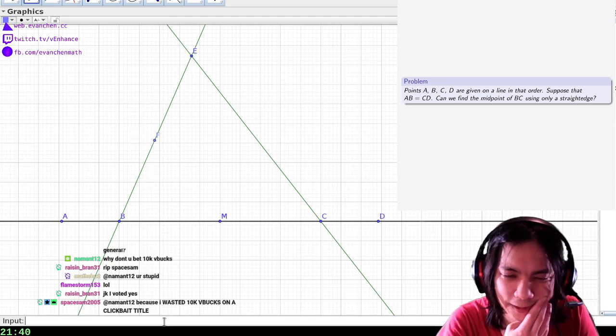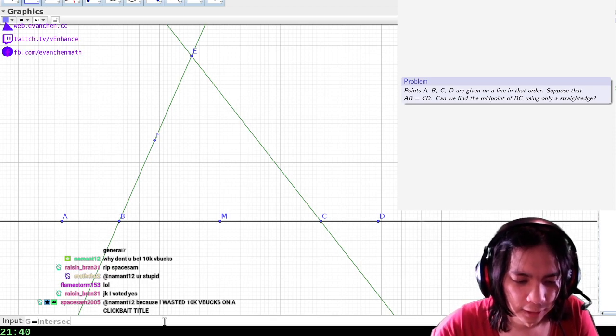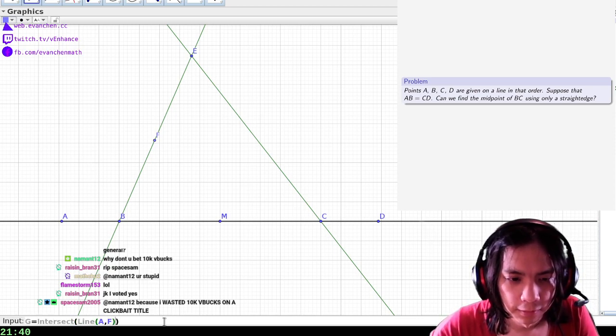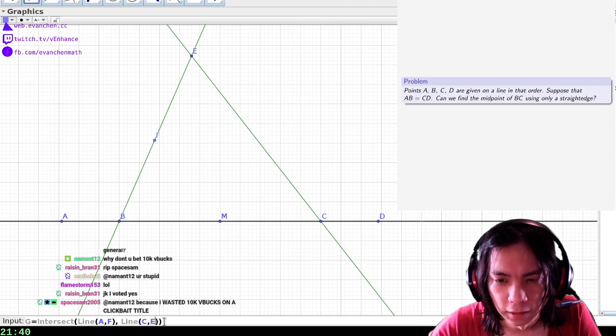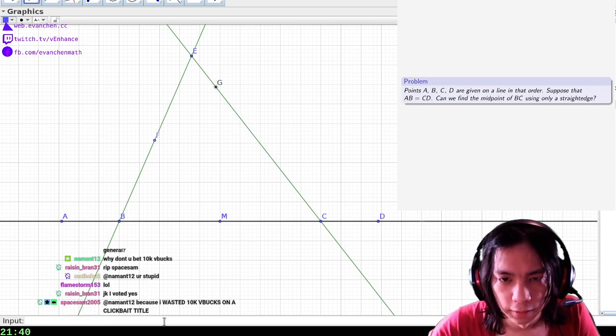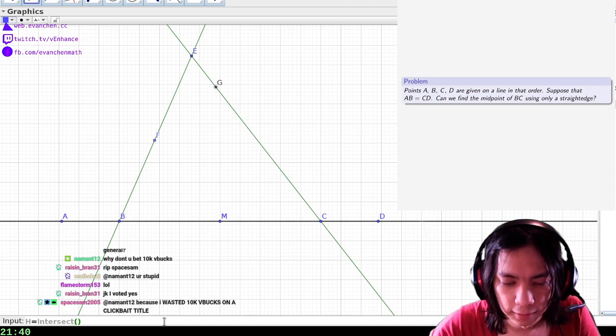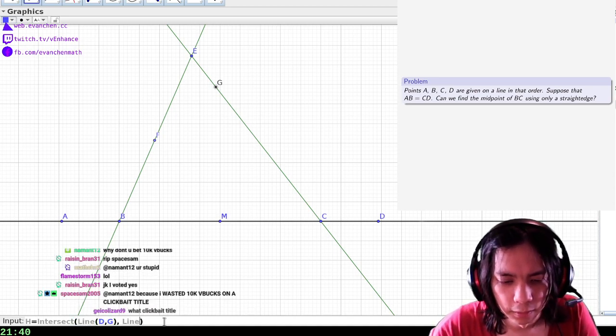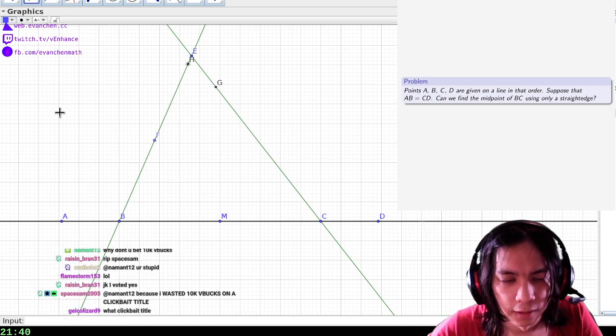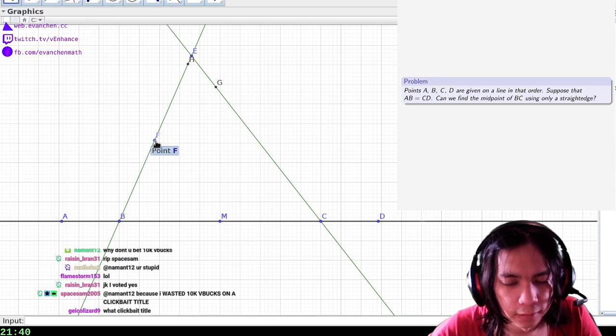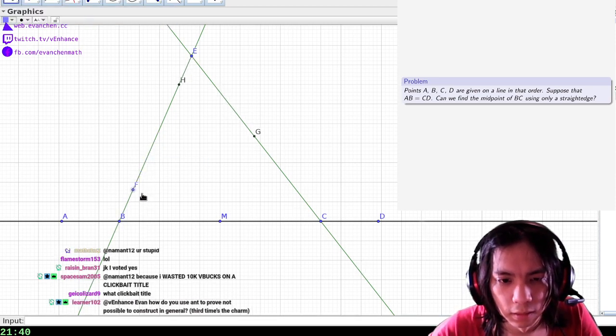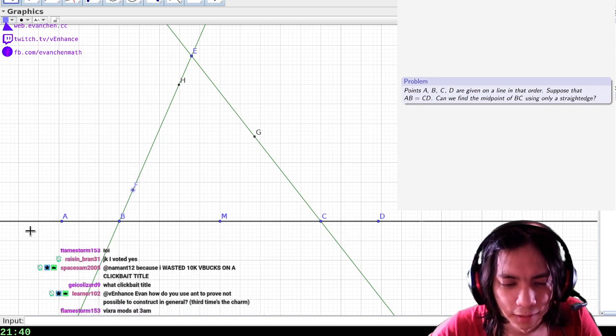So the only thing that's reasonable to do is let G be the intersection of line AF with line CE, and then let H equal the intersection of line DG with line BE, and we can adjust these down a little, or a lot, maybe.